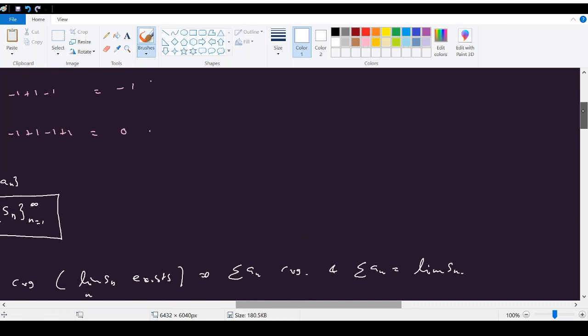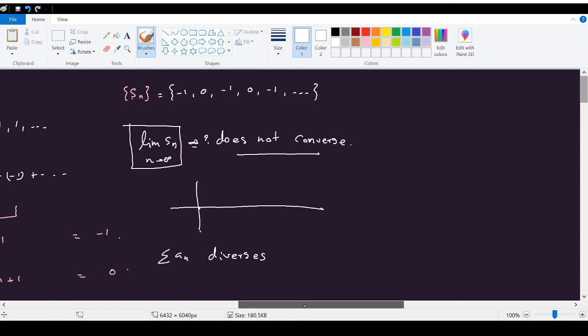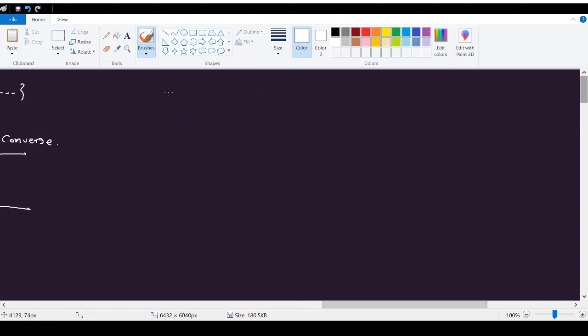Now remember, in this example the sequence of partial sums did not have a limit, but let's take this one. Now if we take the sequence n, that will be equal to 1, 2, 3, 4, likewise.